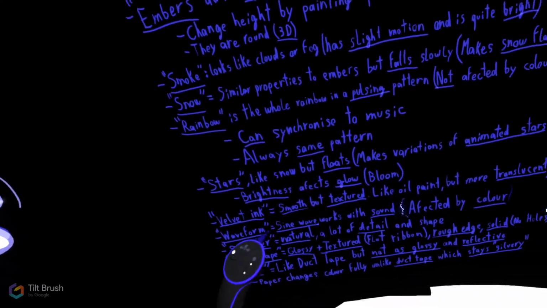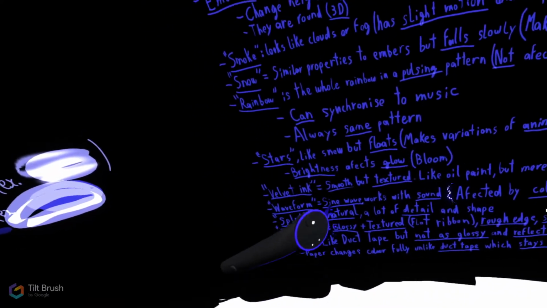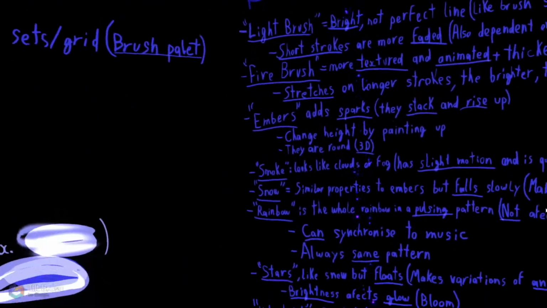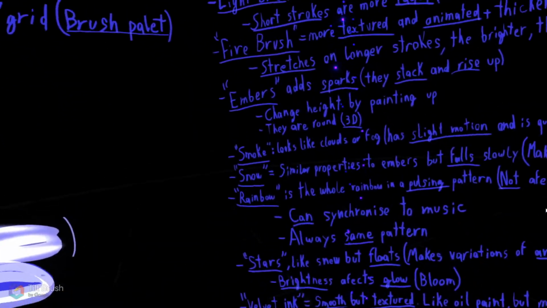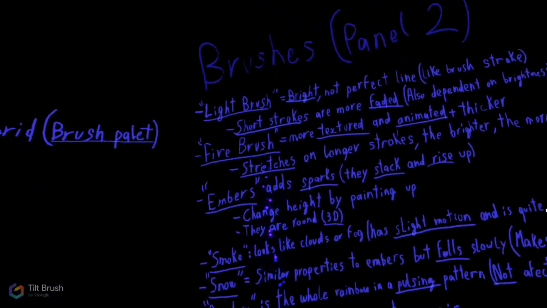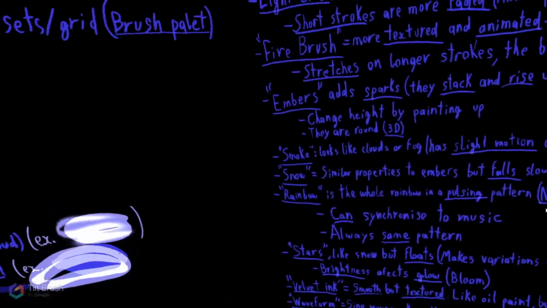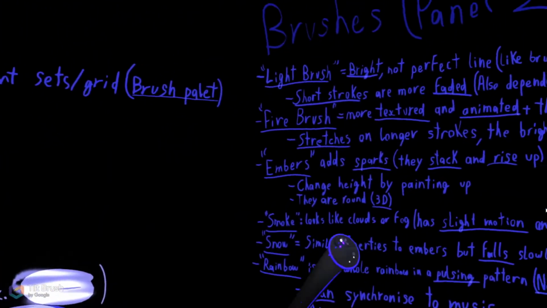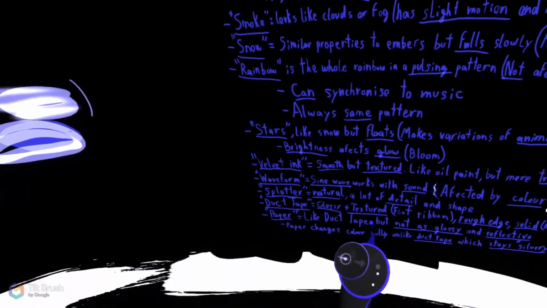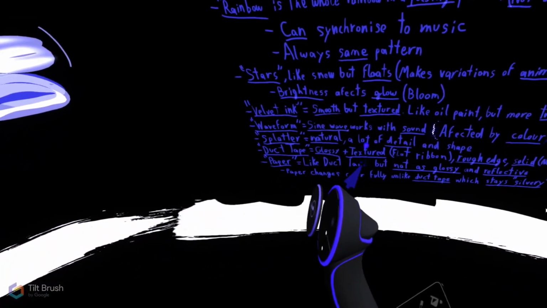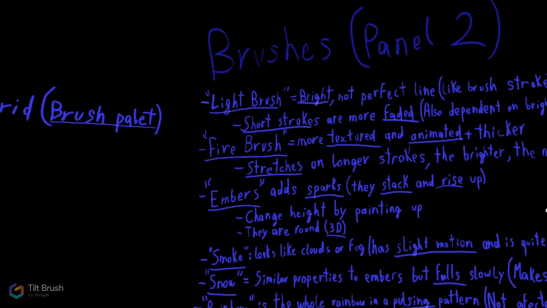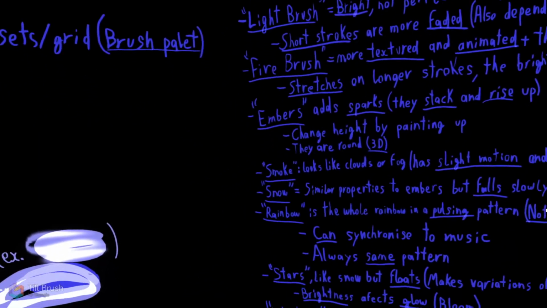To make them rise more, usually what you would do is just stroke up, and then it rises much higher. Because if you just do one, you'll see it stops right about there. So change height by painting up. That's what I meant.